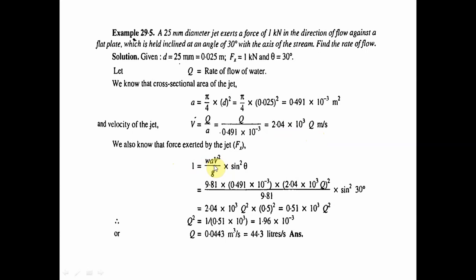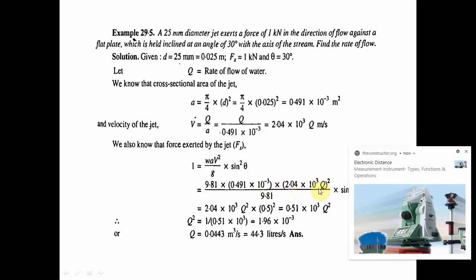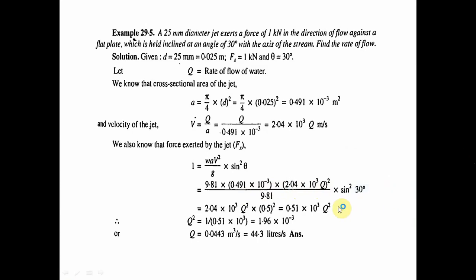We also know that force exerted by jet Fx in horizontal direction is 1, that is equal to W into A into V square upon G into sin square theta. So W is 9.81 into 0.491 into 10 raised to minus 3 into 2.04 into 10 raised to 3 into Q square into sin square theta, that is equal to 2.04 into 10 raised to minus 3 into Q square into 0.5 the whole square, that is equal to 0.5 into 10 raised to 3 Q square.